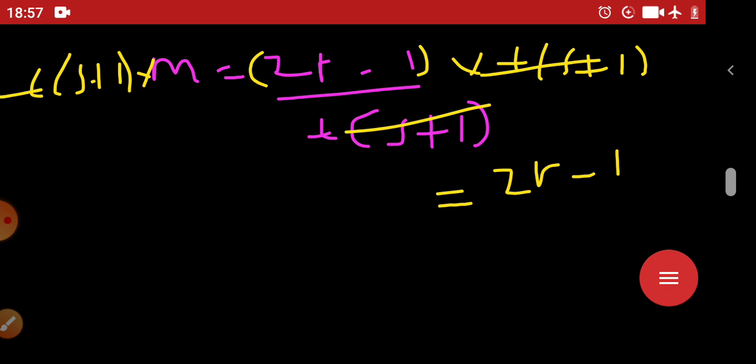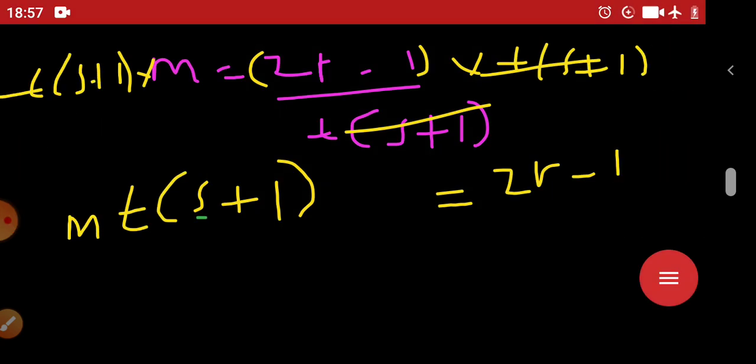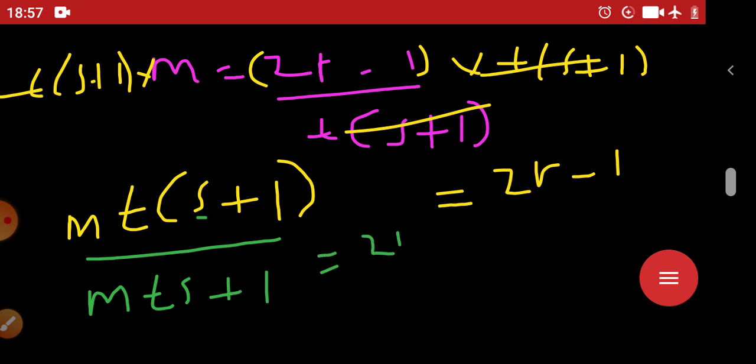At this side we have mt(s plus 1), but remember we are making s the subject of the formula. This means that you need to expand. So it will have mts plus 1 equal to 2r minus 1.